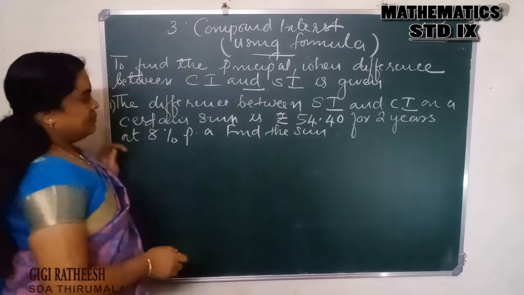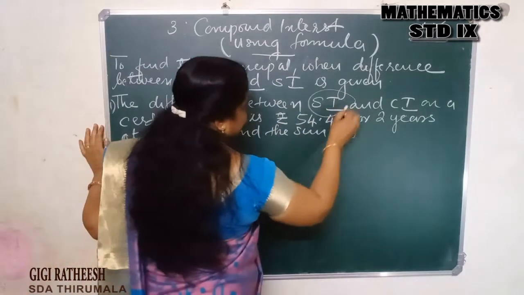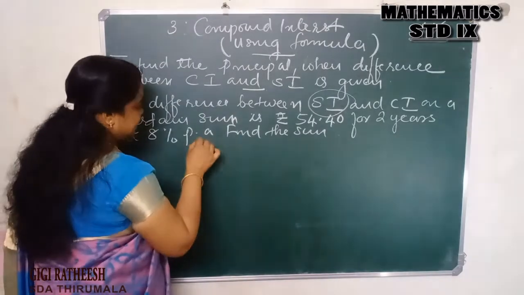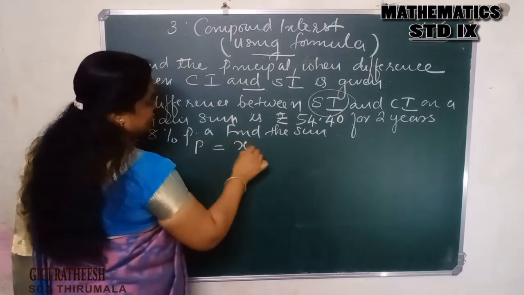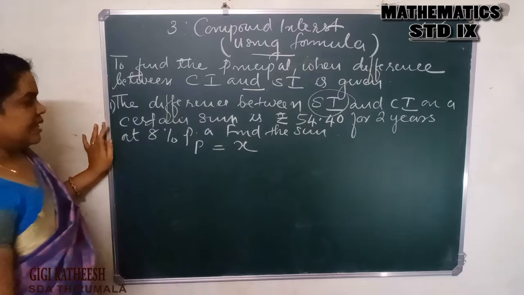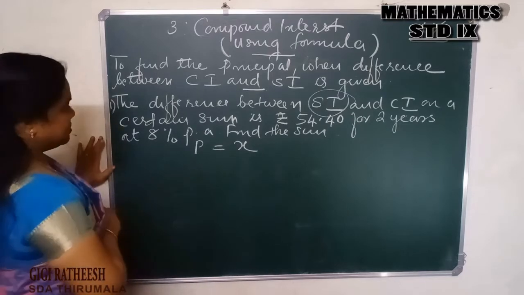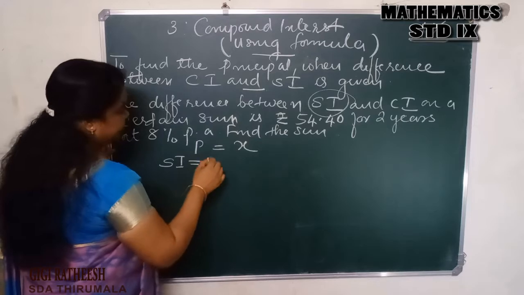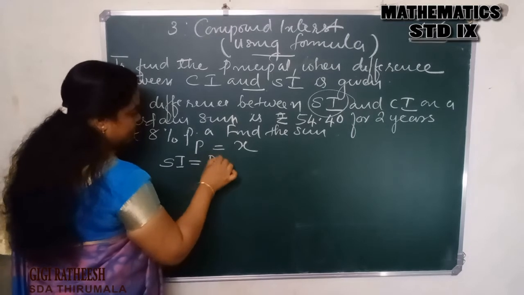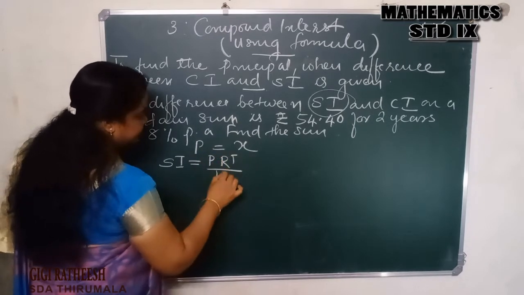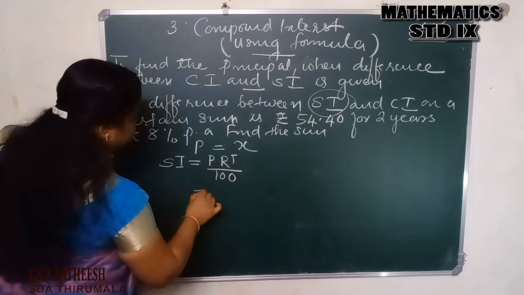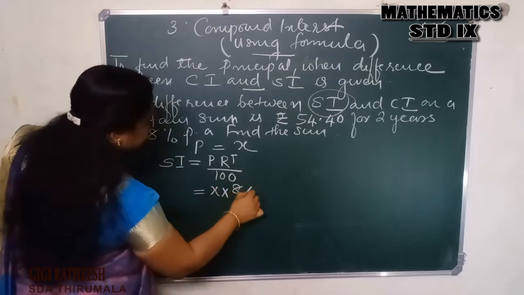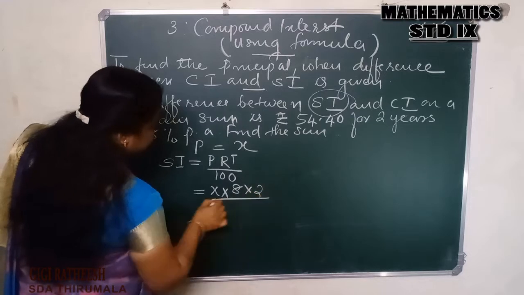Find the sum. We need to calculate simple interest and compound interest. If the sum is not given, take P as X. The principal is X. What is SI? The formula for SI is PRT by 100. So SI is equal to X into 8 into 2 divided by 100.